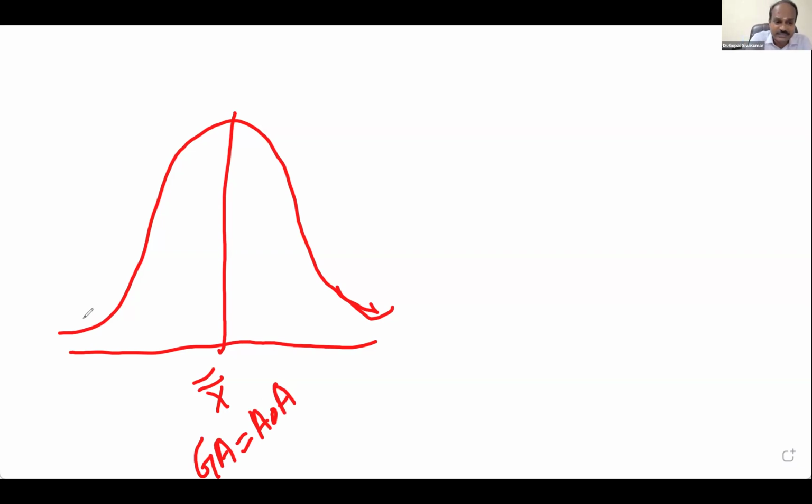That means in this distribution, every point on the distribution is a sample average. How many of you understand this? Every point on the distribution is not an individual point. It is a sample average. Do you understand?